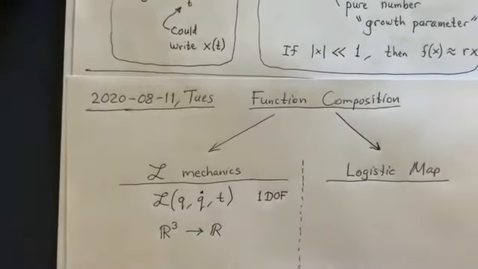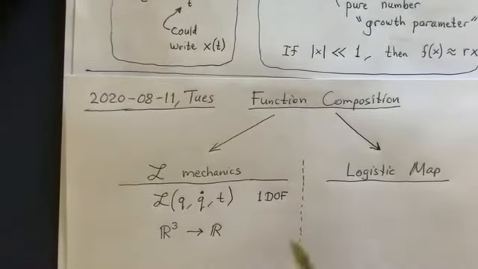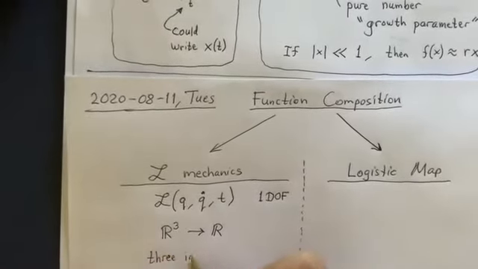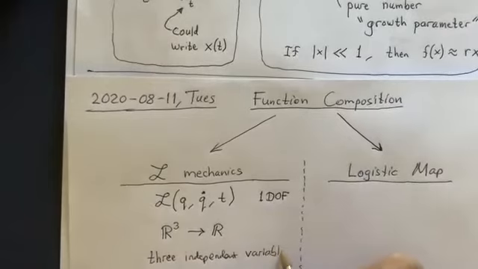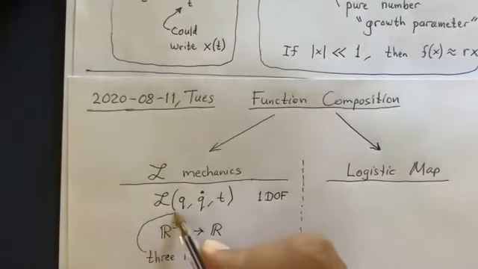This is a mapping from R3 to R. We have 3 independent variables. That's the really important thing here. 3 independent variables: 1, 2, and 3.